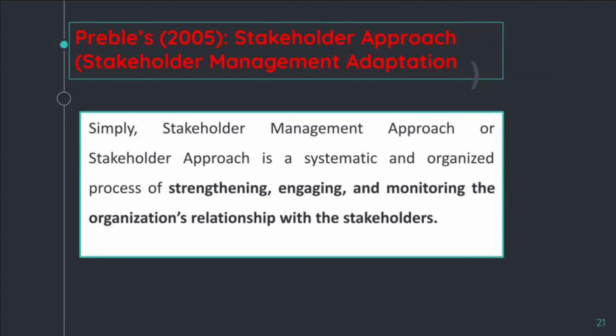The stakeholder approach, or the stakeholder management adaptation, simply tells us that it is a systematic and organized process of strengthening, engaging, and monitoring the organization's relationship with the stakeholders. So, from all the four theories that I have discussed, really the center is the stakeholder.